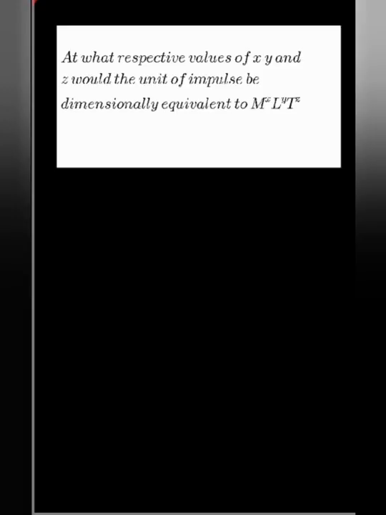This we shall do as follows. Let's represent our impulse with letter I. And of course, by definition, we know impulse is the product of force and time. It is also equivalent to momentum, and as such, we can say impulse equals mass times velocity, since momentum is mass times velocity.